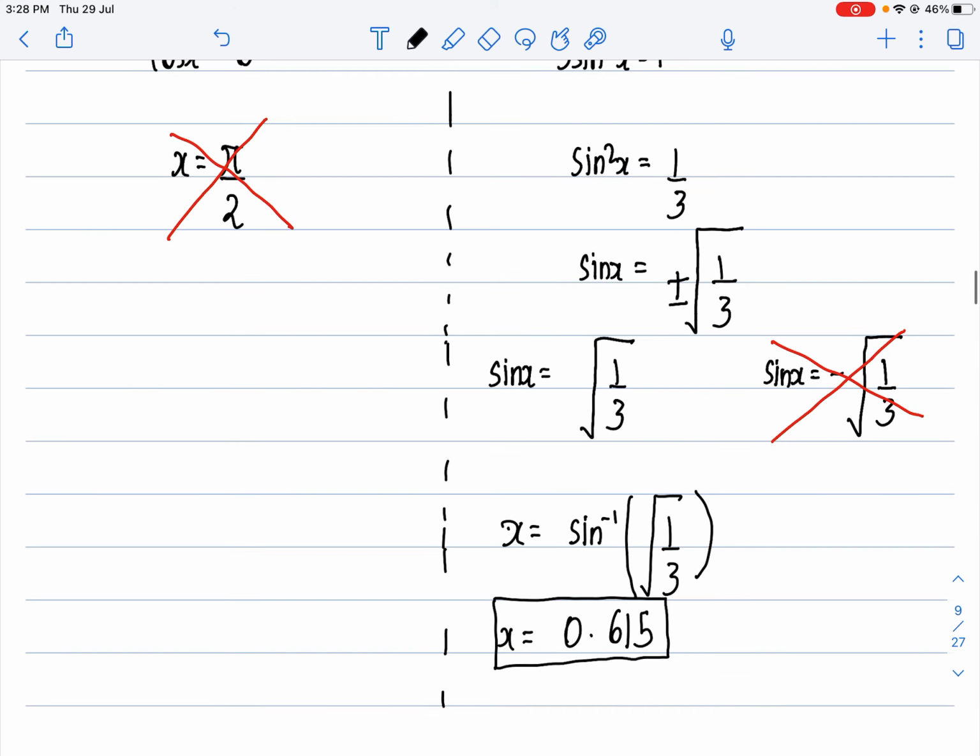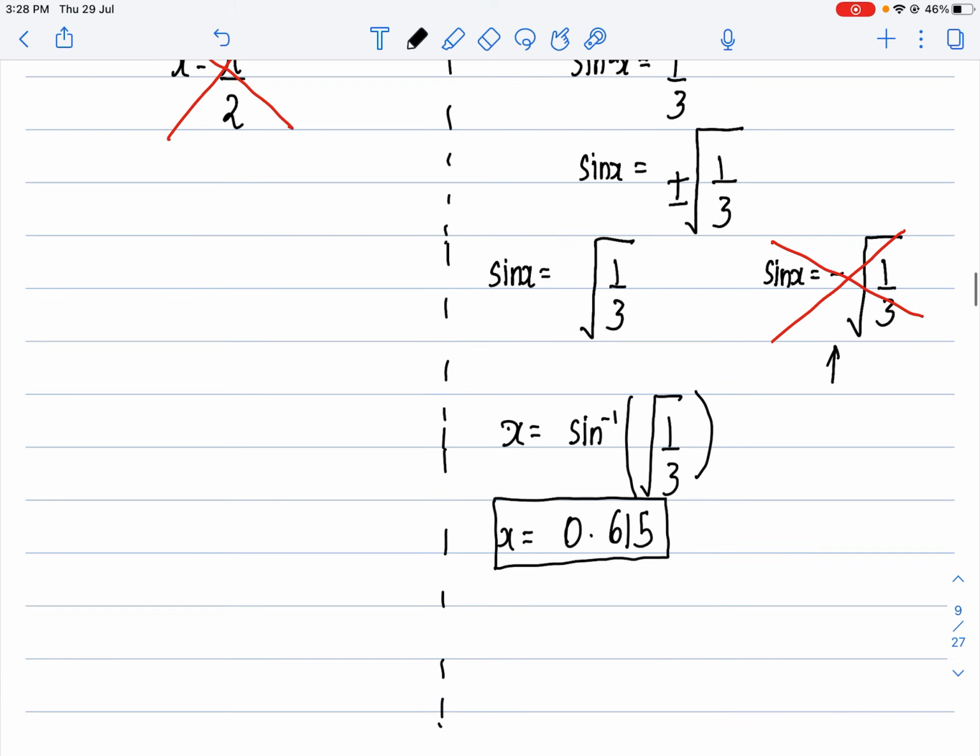So you need to know how to eliminate, correct? Why did I eliminate something like this? I'll explain it to you. In ASTC, you have 0, half pi, pi, 3 over 2 pi and 2 pi. Here you know that your domain is from 0 to half pi.